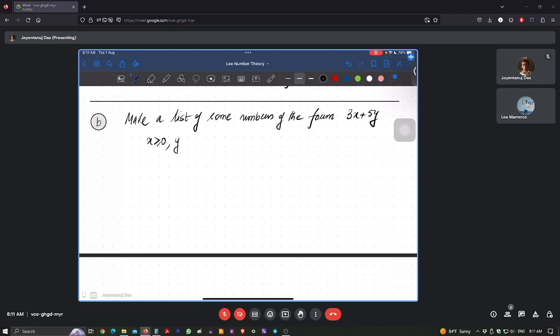X is greater than 0 and y is also greater than 0. And then make a conjecture about values which are not possible. Okay, first let us check what values it can have.